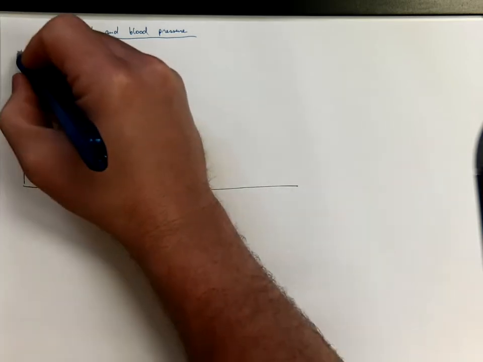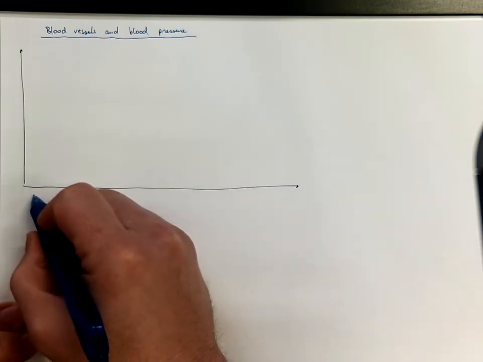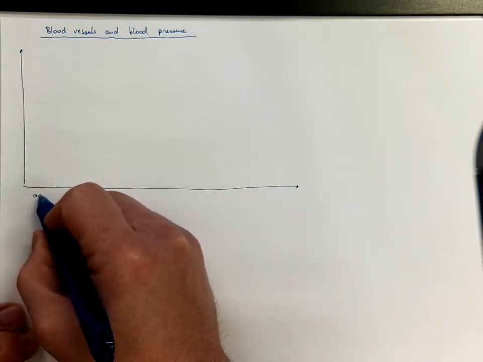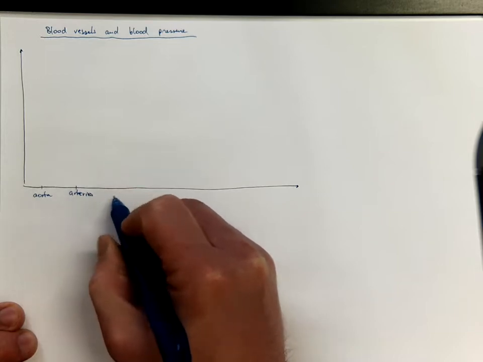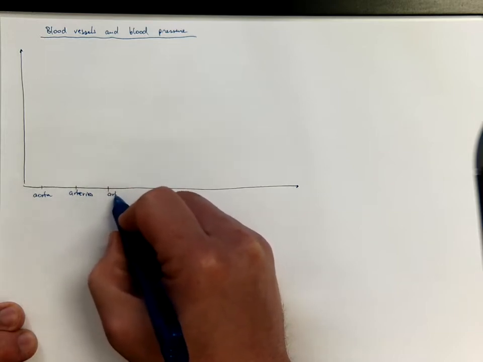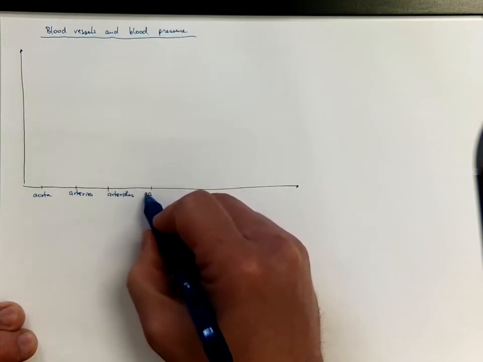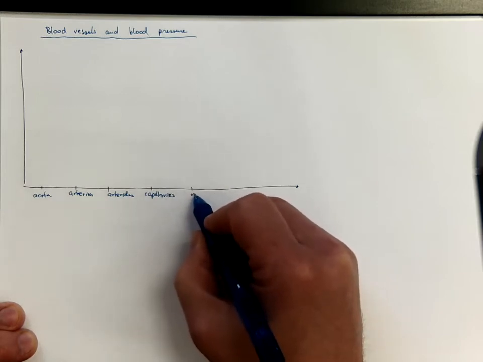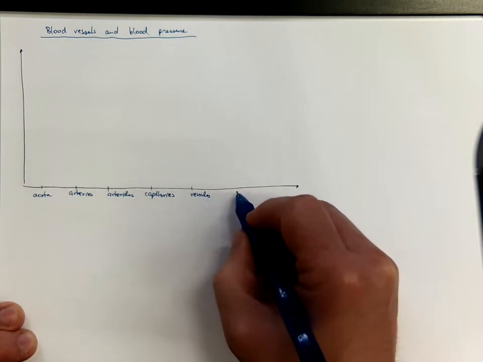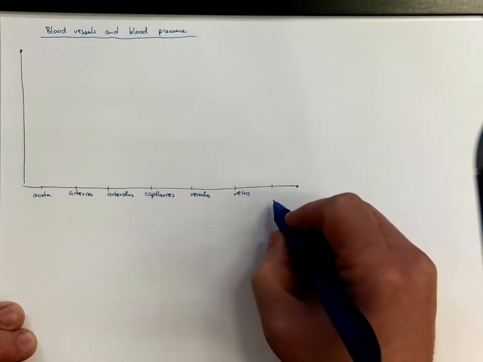So let's draw a relation between the various blood vessels as the blood flows through the aorta, through the arteries, arterioles, capillaries, venules, veins, and the largest vein like the vena cava.